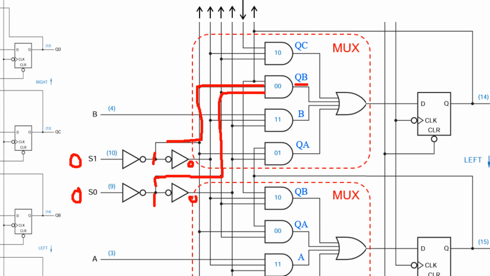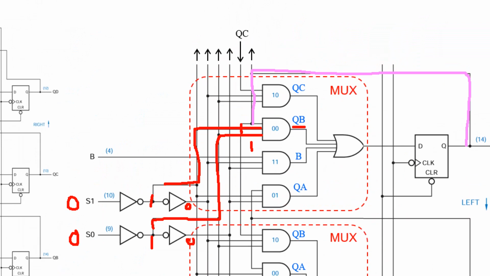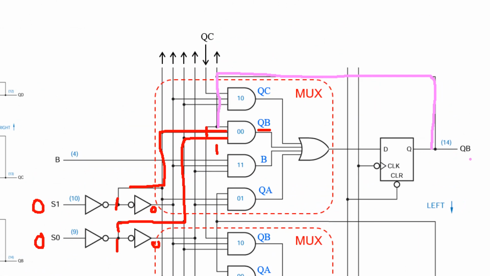That means this output is 1 1, and this signal is from QB itself. That means data from QB is fed to the input of the D flip-flop. So when the clock ticks, QB will update to QB, so nothing changes. That means when S1 is 0, it is hold mode, nothing changes.